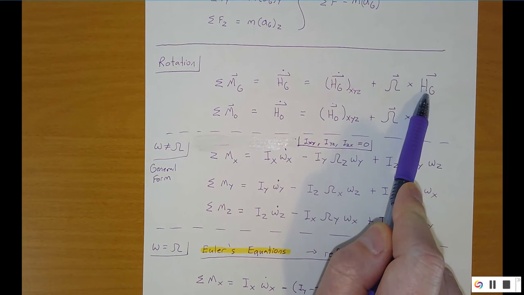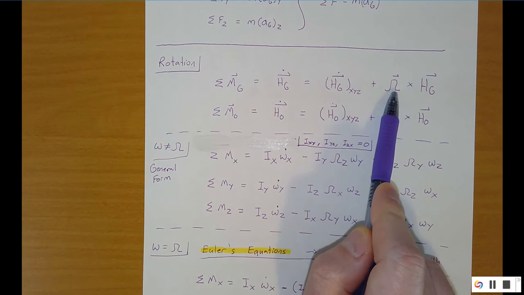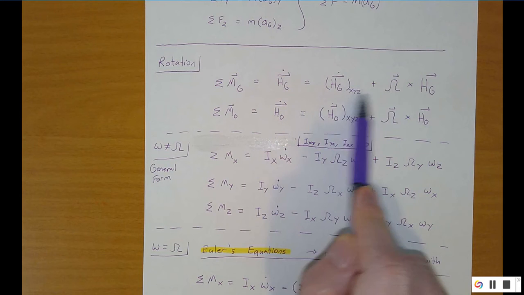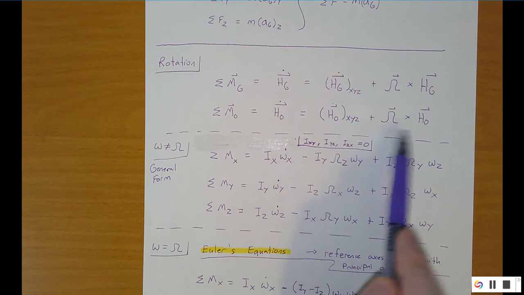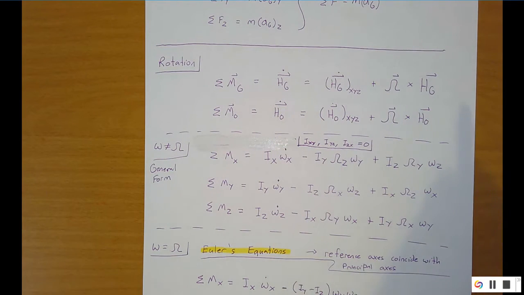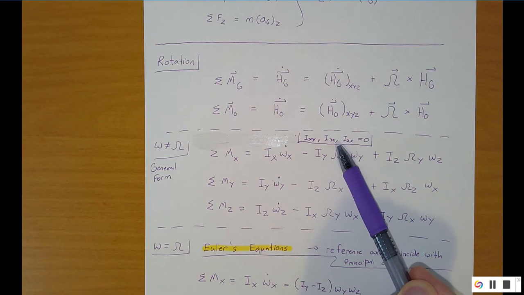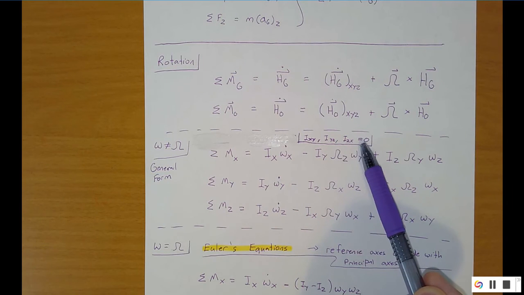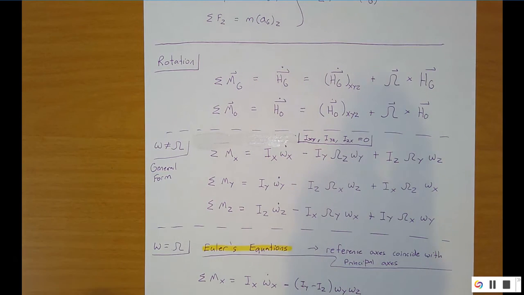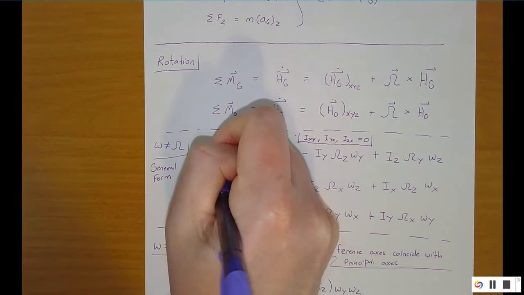So this is the momentum vector about G, and then this is the rotation of the x, y, z coordinate system. So same thing here. If we can position x, y, and z coordinates such that our products go to 0, then we get the following equations.